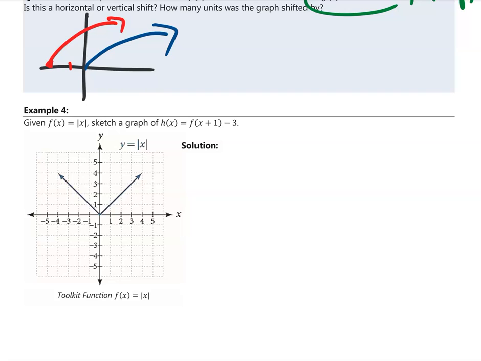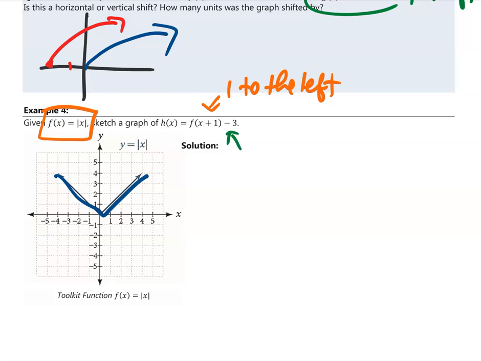Next, another toolkit function, f of x equal to the absolute value of x. This is the absolute value of x, the V, and we're going to sketch a graph of h of x equal to f of x plus 1 minus 3. So x plus 1 means 1 to the left, and minus 3 means down 3.